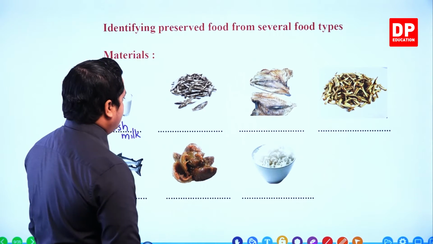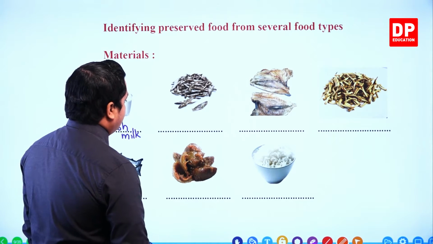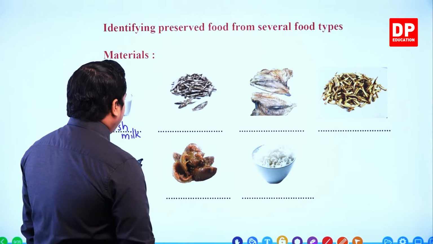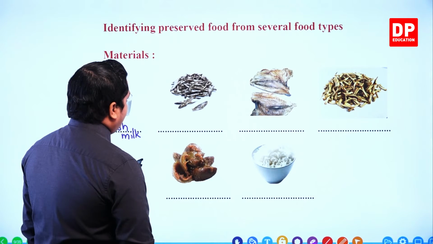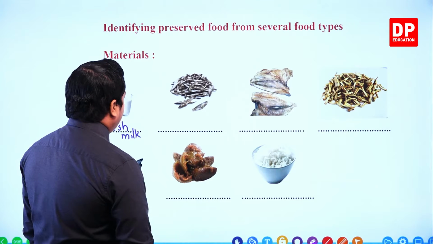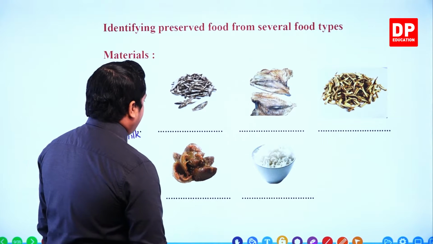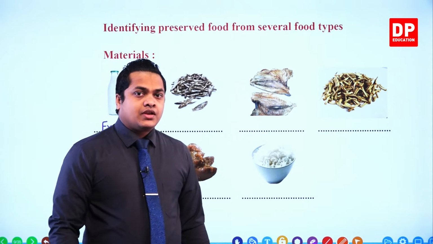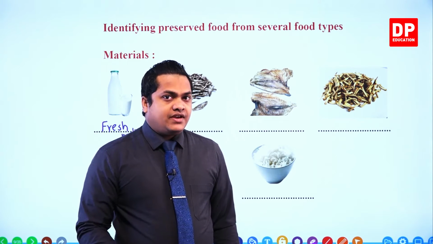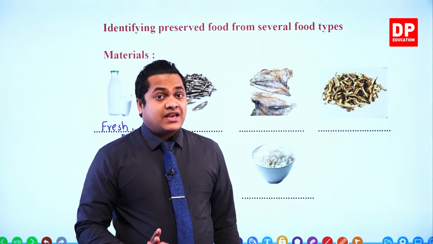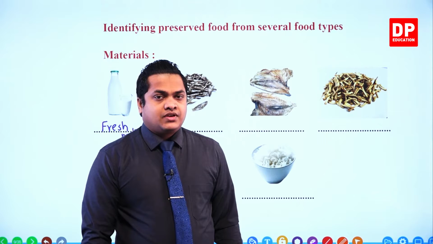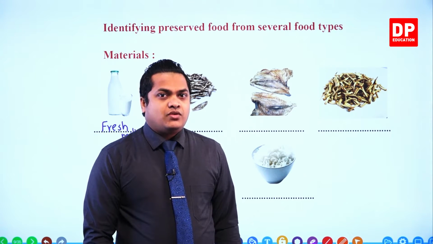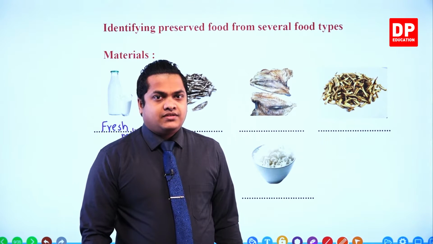Fresh milk. Then, if you can find some sterilized milk as well. In normal terms, this is called kalkiri.